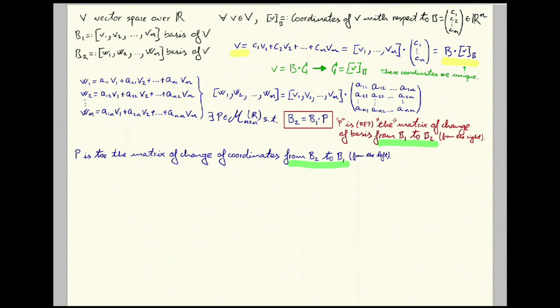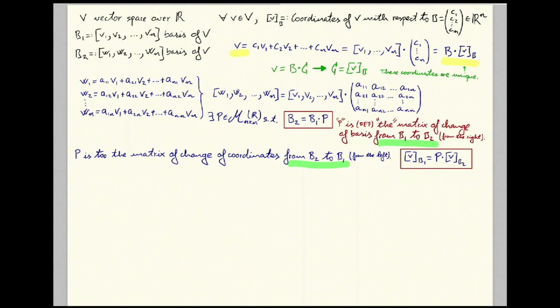So if the matrix changes from B1 to B2, this matrix changes the coordinates from B2 to B1. So the coordinates with respect to the old basis equal the coordinates with respect to the new basis multiplied from the left by P.